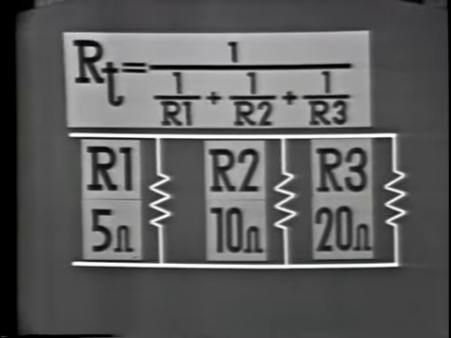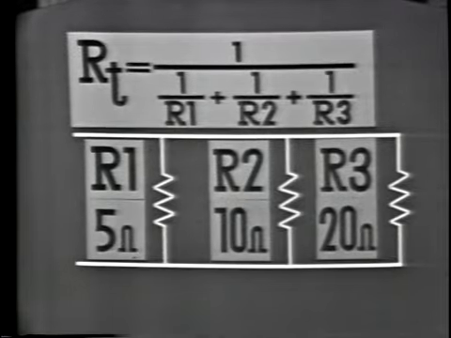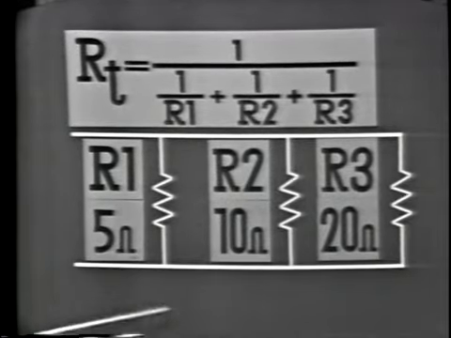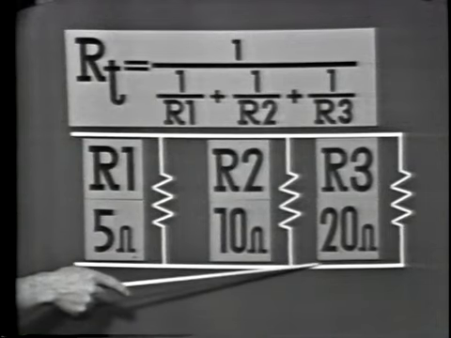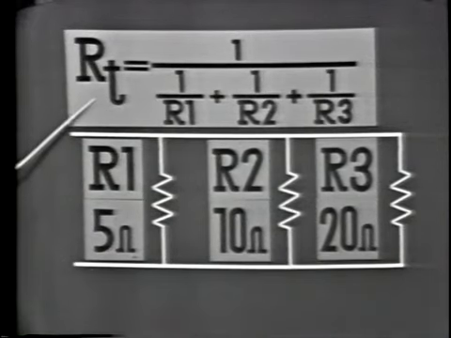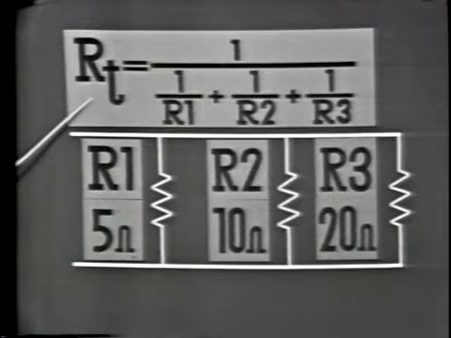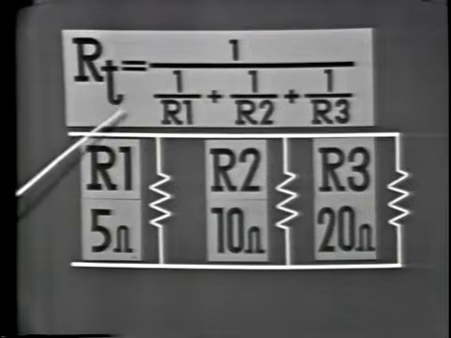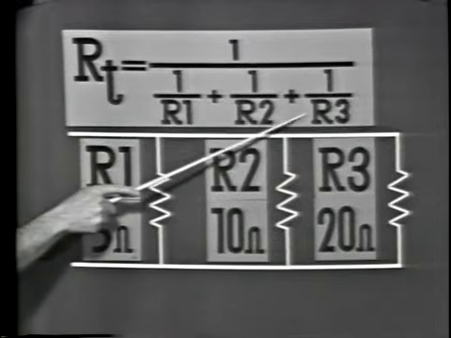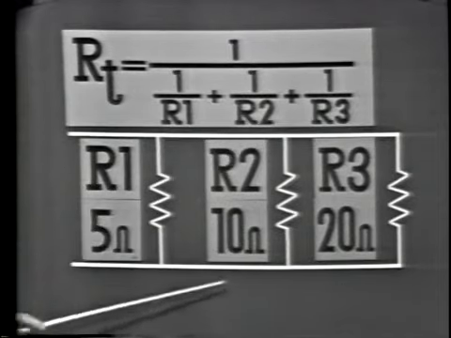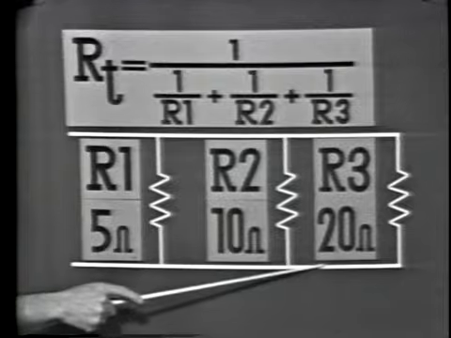This one. In this case, we have 5 ohms, 10 ohms, and 20 ohms. They're all different values. When you're working this type of problem, you use this formula, and before you begin, you must remember to get a common denominator here. In this case, since we have these values, the common denominator is 20.